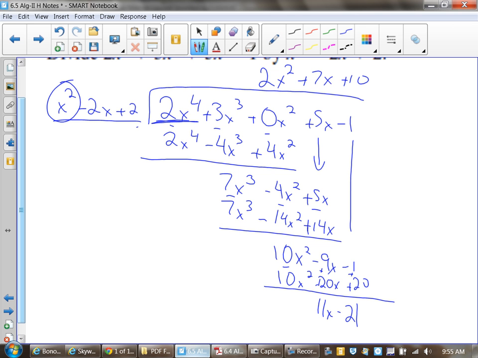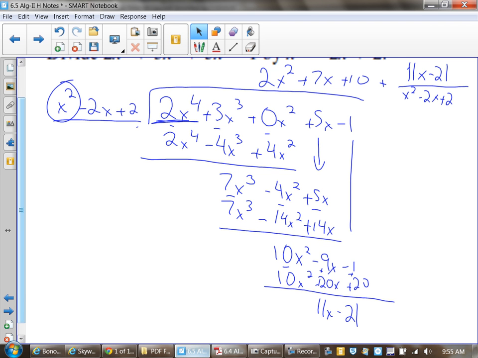There's nothing left for me to drop down. So when I'm left with that remainder, is that 11x a positive or is that 11x a negative? Positive. It's positive, so I have plus 11x minus 21 over x squared minus 2x plus 2.